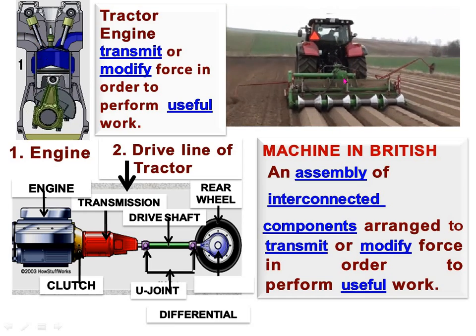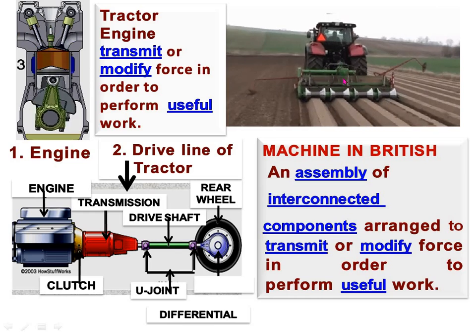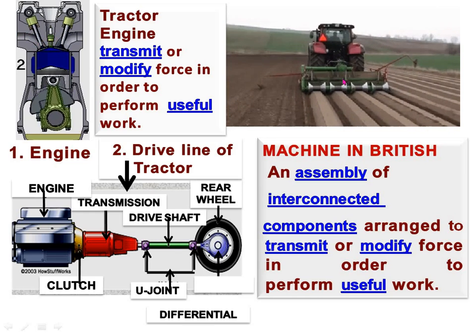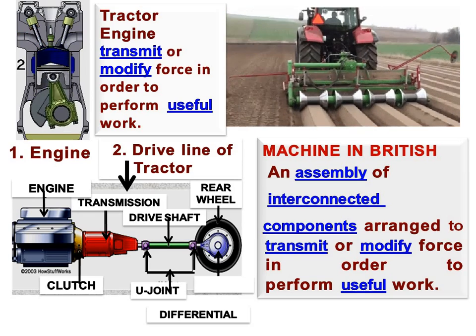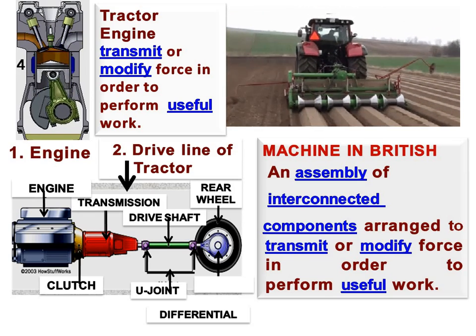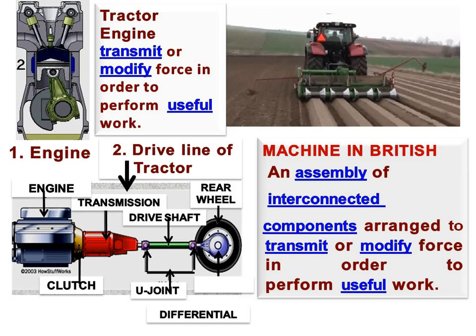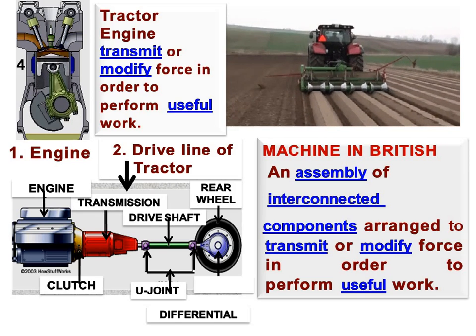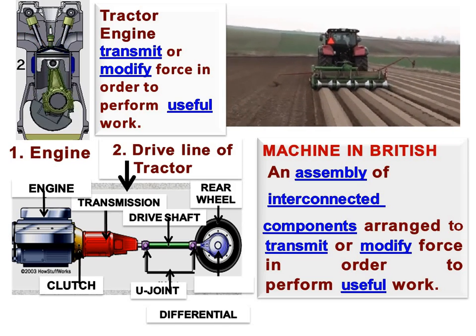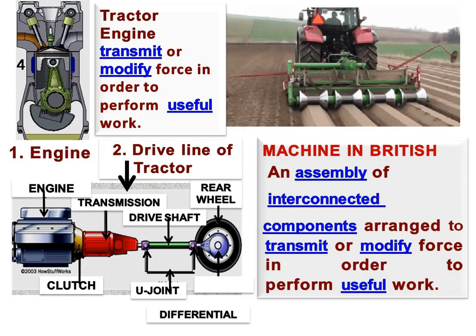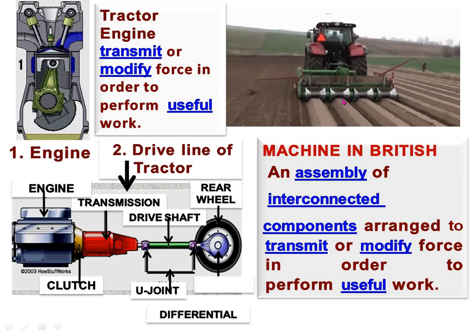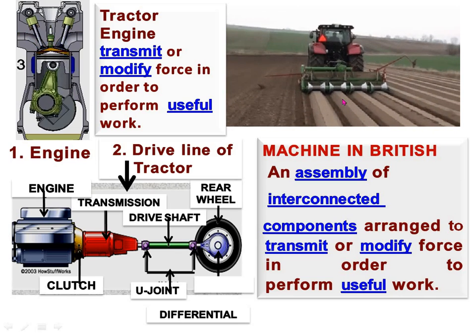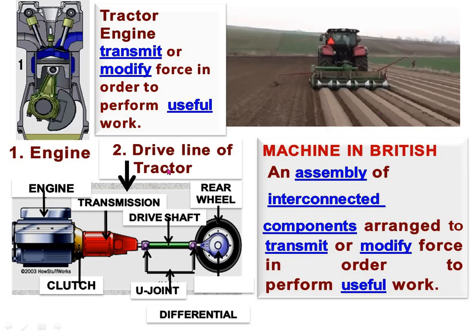So we can say here tractor engine is made of interconnected components and assembled in such a way that it transmits the motion as well as the force is modified to run the implement for various agriculture purposes. Here this machine is performing the seed preparation work.